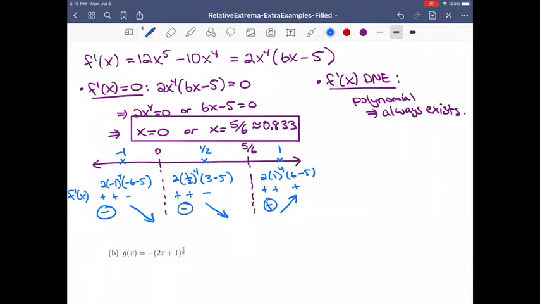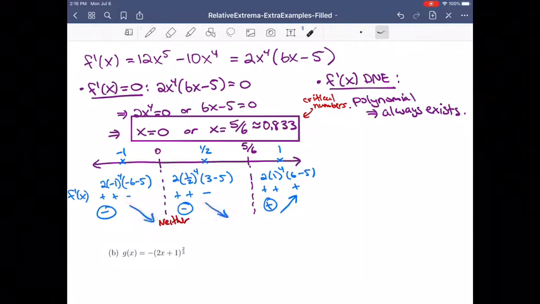Now if I look at my critical numbers, which are these two values here, this is where I could have my max or min. We see that at x equals 0, we have neither a max nor a min because I decrease and then I decrease some more.